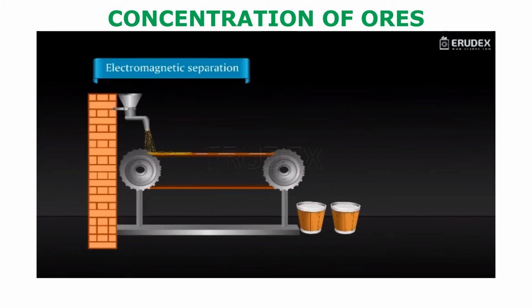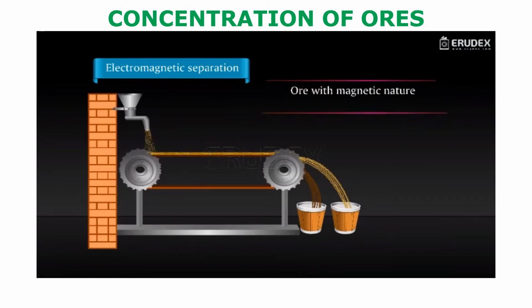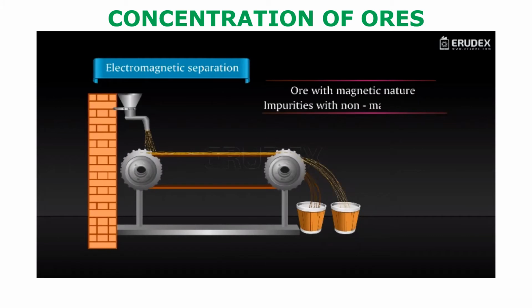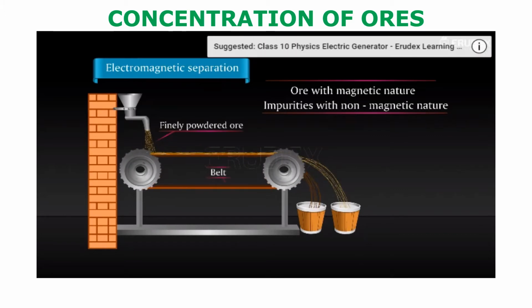Electromagnetic separation. This method is used to concentrate the ore with magnetic nature and impurities that are non-magnetic, or vice versa. The powdered ore is dropped over the belt on the side of the non-magnetic roller.